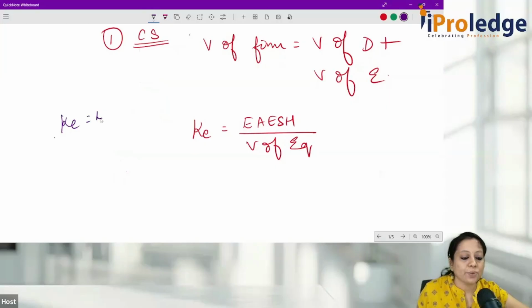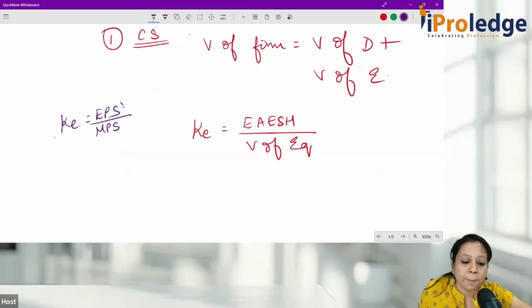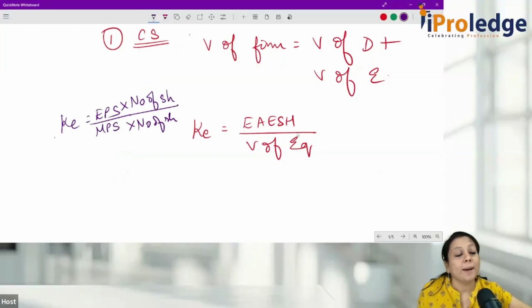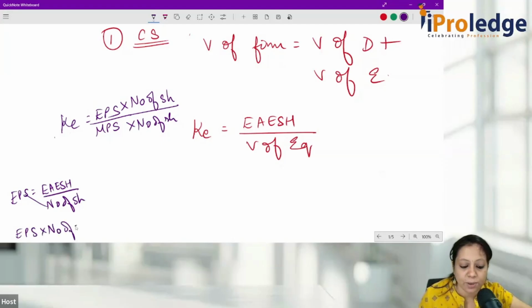Now, KE is equal to what? EPS divided by MPS. We all know that. This is per share, right? So when I multiply the numerator and denominator by the number of equity shares, what do I get? We all know that EPS is equal to earnings available for equity shareholders divided by number of shares. So if I cross multiply, can I say EPS into number of shares is equal to earnings available for equity shareholders?